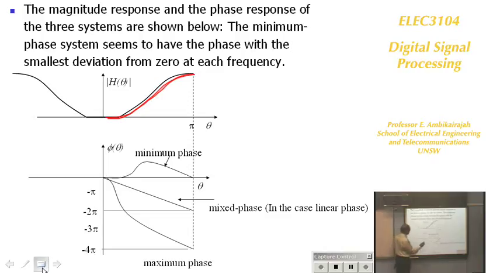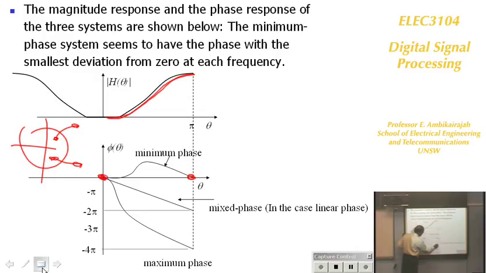Now look at the first filter, where all the zeros are inside the unit circle. The phase at that point is 0, at that point is 0, and the difference is minimum. Take the mixed phase, where one zero is out and the other inside, and work out the phase. You can see at 0 it is 0, at pi it is pi, it's not 0. And you take the maximum phase, where these are out.